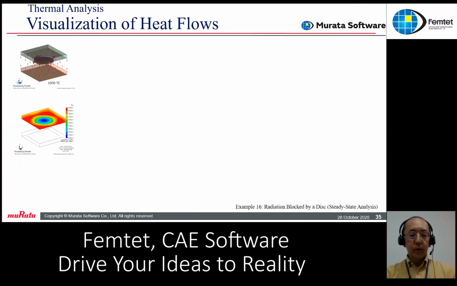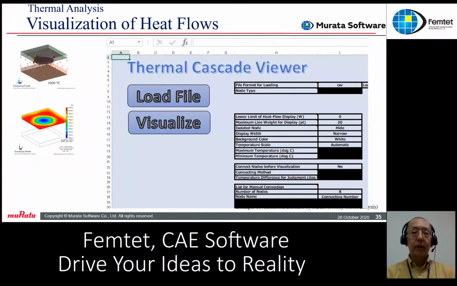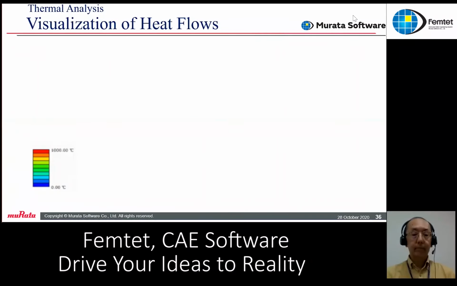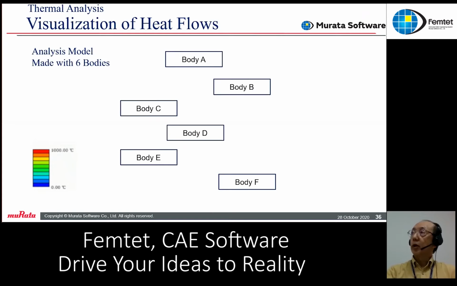Femtet has a tool to visualize the heat flows. It's called Thermal Cascade Viewer. Here is a simplified analysis model consisting of 6 bodies, for example. The heat source is 1000 degrees.